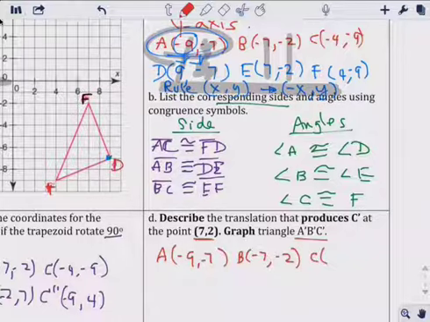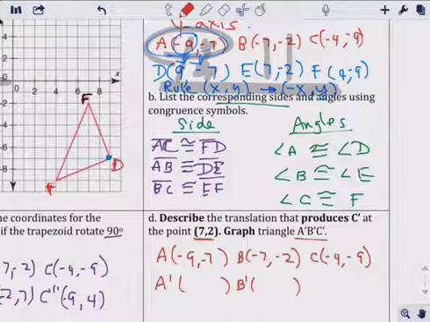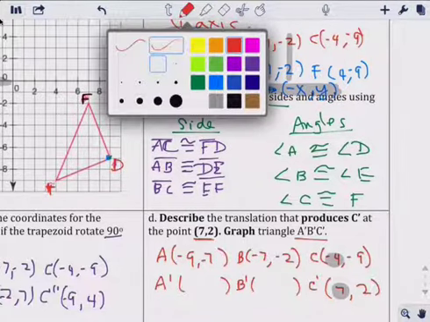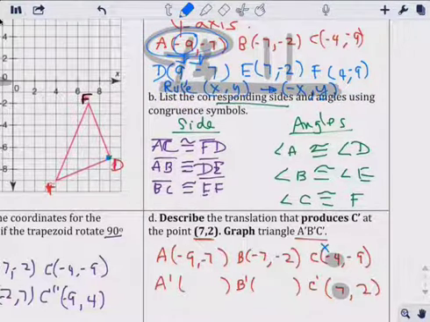C, negative 4, negative 9. And A double prime, B prime, and C prime is, they say, 7, 2. So we need to know what happened here from negative 4 to 7. Being positive, so X add 11. It's a translation, so it's sliding.